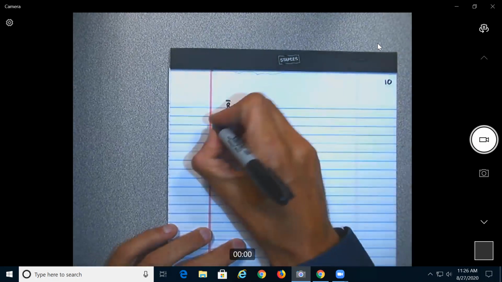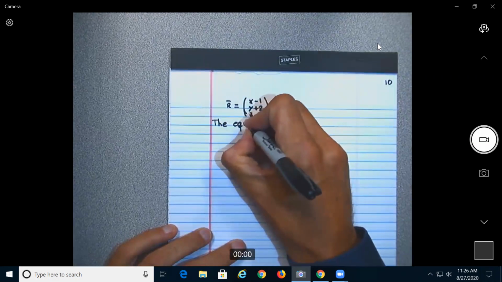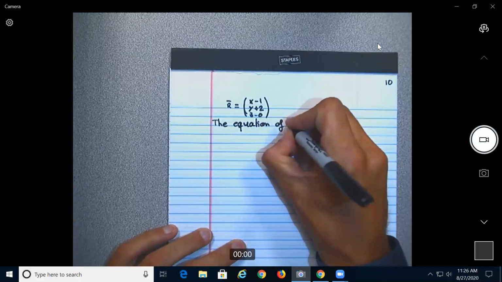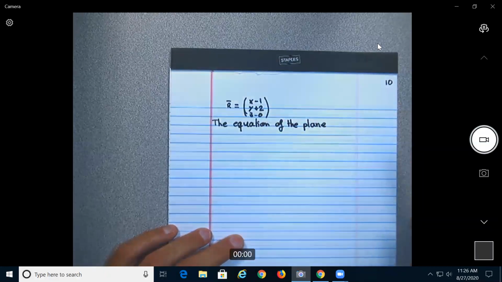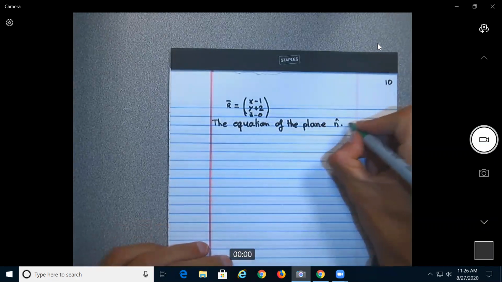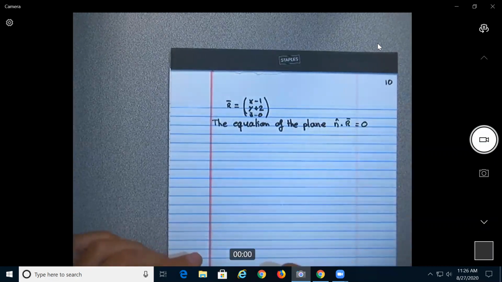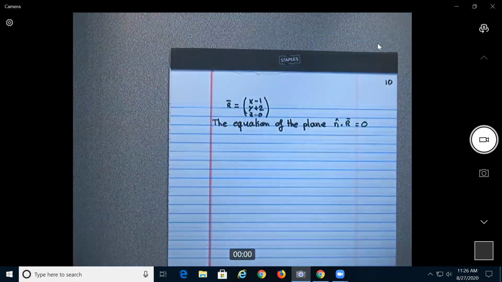Okay, so the equation of the plane, which we know is given by n dot r equal to 0, will be equal to what? We found n to be equal to (2, -8, 5).